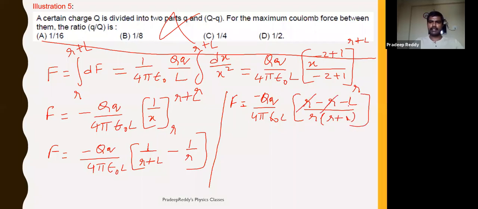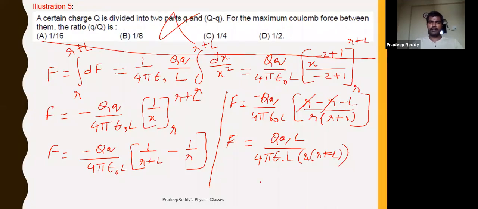Minus L will be left over there. Minus of minus will become positive. This is F is equal to capital Q small q capital L divided by 4 pi epsilon naught L into r into r plus L. This L and L also gets cancelled.